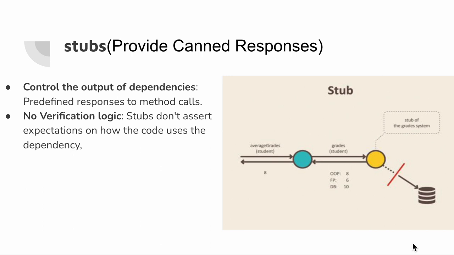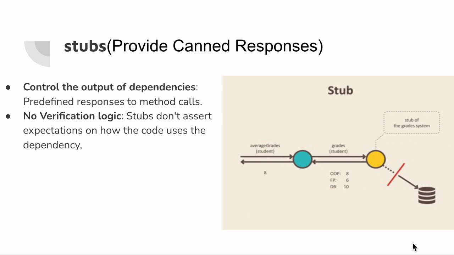In the original flow, we will go to the database and fetch all the details. But when we are testing that unit, we have to replace that with some fake method.